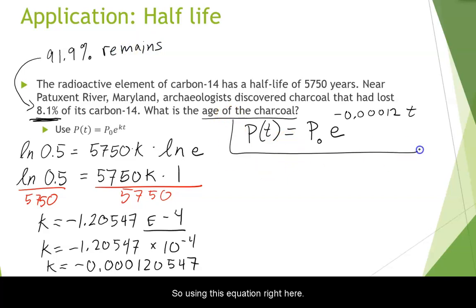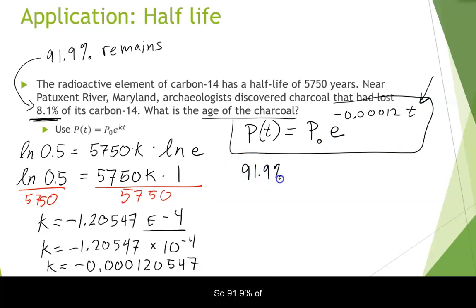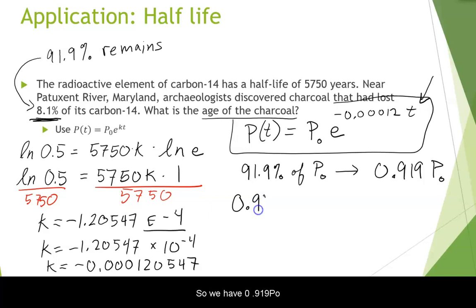So using this equation right here, we can plug in this information, and again, we're trying to solve for time. 91.9% of the original value of carbon-14 remains. We can rewrite this as 0.919 P naught. So we have 0.919 P naught equals P naught times e to the negative 0.00012t.